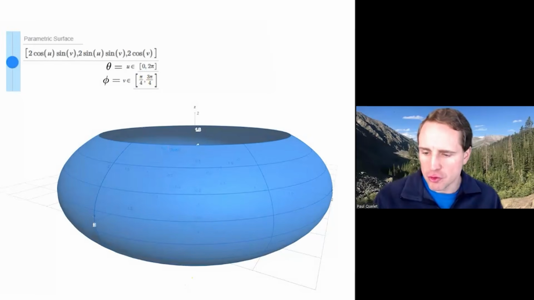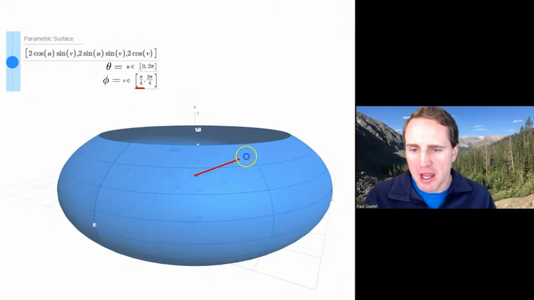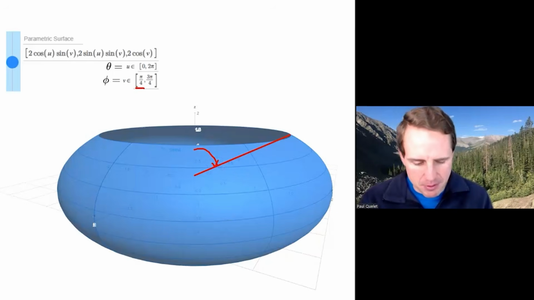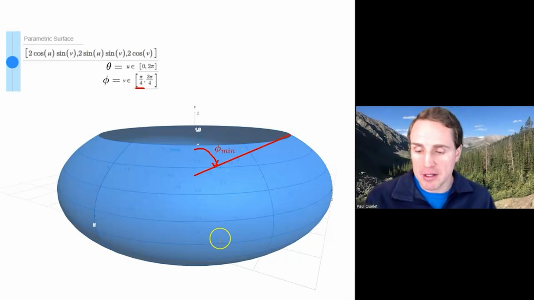Imagine I'm gonna draw with phi minimum equaling pi over 4. So pi over 4 is gonna be a 45-degree angle. So I'm gonna start here at the origin. I'm gonna go out to this point here, because that right there would be phi minimum, and that phi minimum is pi over 4, 45 degrees. And what I'd essentially do is I'd be forming this right triangle.